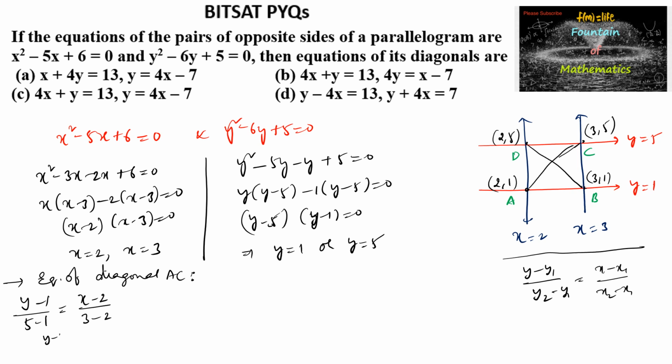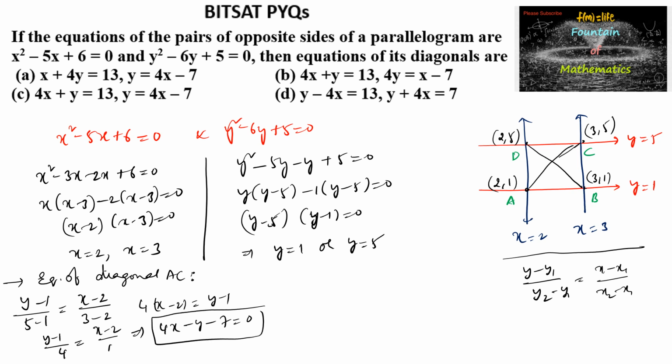So which implies (y minus 1) upon 4 is equal to (x minus 2) upon 1, or by cross multiplication we get 4 times (x minus 2) is equal to 1 times (y minus 1), or we can write 4x minus y, and here it is negative 8 plus 1 is minus 7, is equal to 0. So 4x minus y minus 7 is equal to 0 is one equation.